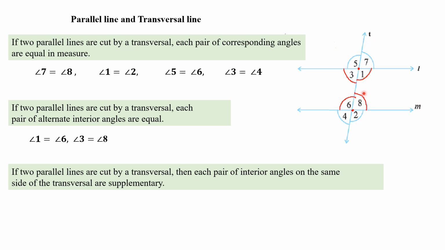So on the same side of the transversal, angle 1 and angle 8 are on the same side. Both are on the right side. Okay. So their sum will be supplementary. In the same way angle 3 and angle 6 will also be supplementary. Supplementary means their measure will add up to 180 degrees. So these are the concepts of parallel line and transversal line which we are going to use in this chapter.